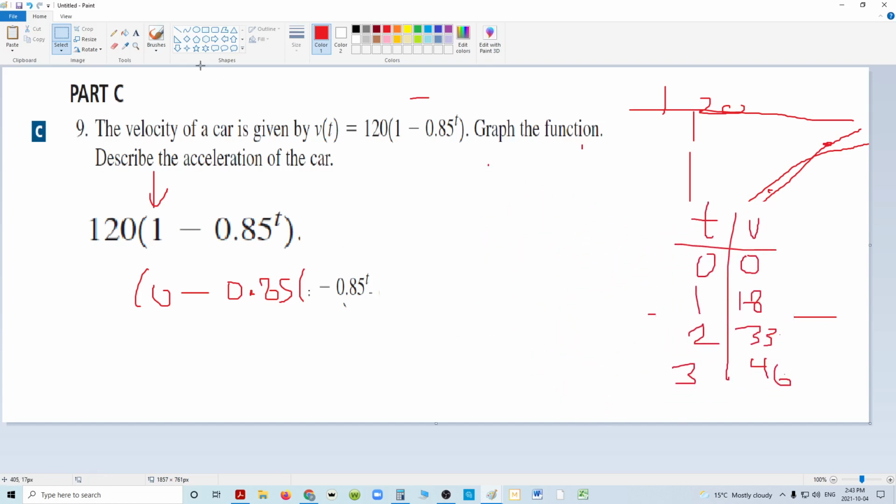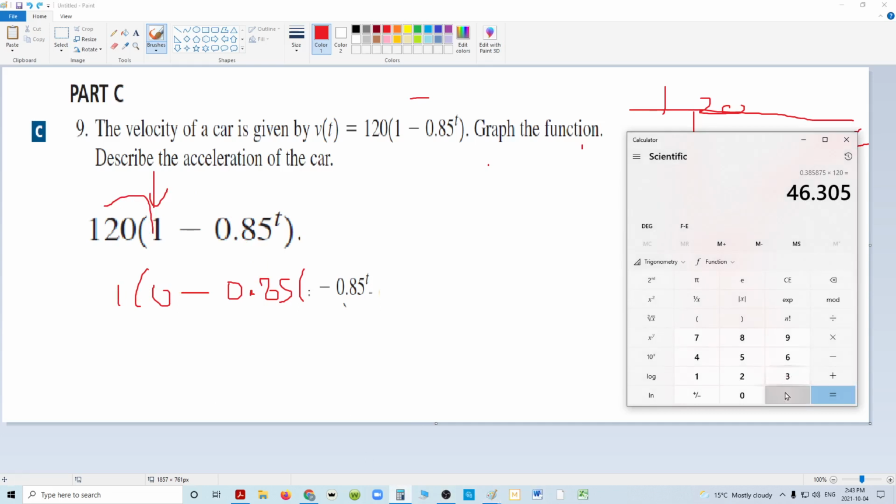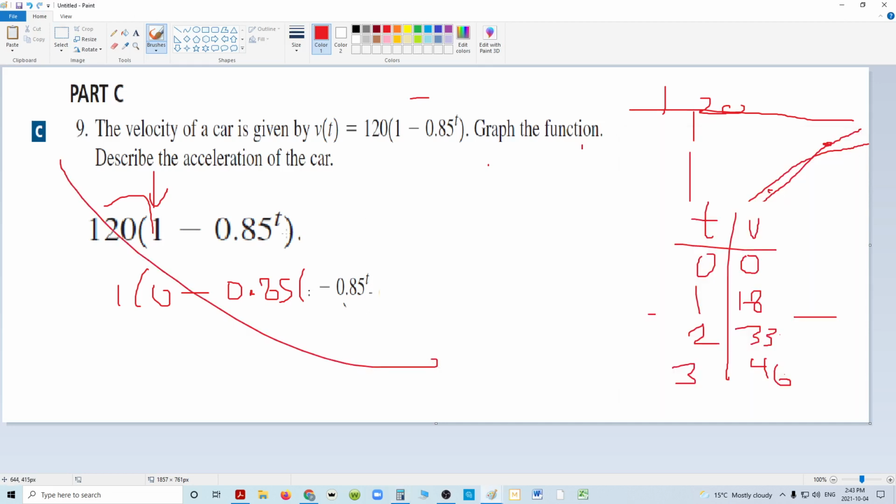Just to confirm that, if you want to make it simple on yourself, you can multiply the 120 in. The 120 here is going to be 120. It's going to make a derivative of 0. But 0.85 negative times 120 is going to be this, minus 102. That'll make my life a little easier.